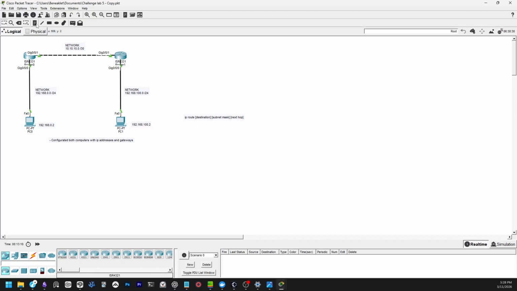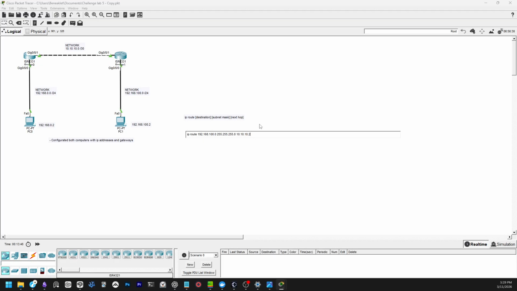If I were to explain it in this case, so IP route, destination, which is going to be the network address of the other network, 192.168.100.0, and then its subnet mask, which we already know is slash 24. Next hop would be to talk to router 1, because we're doing this in router 0, so it will be 10.10.10.2.